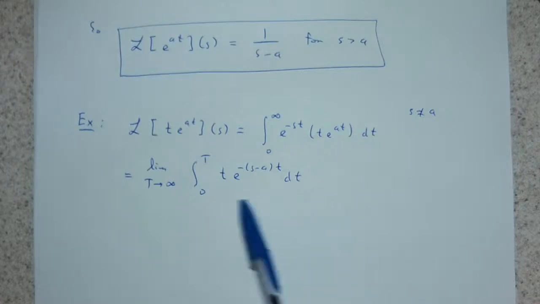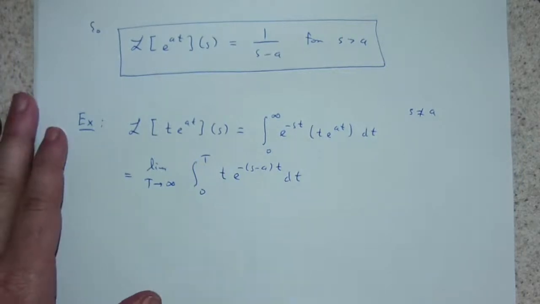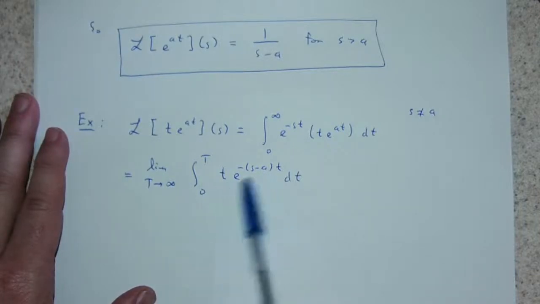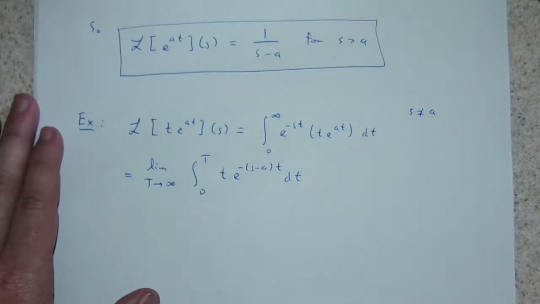What do I have to do here to make this work? Well, typically to deal with something like this, I would use integration by parts here. Right? That's what I would do to make this work out okay.